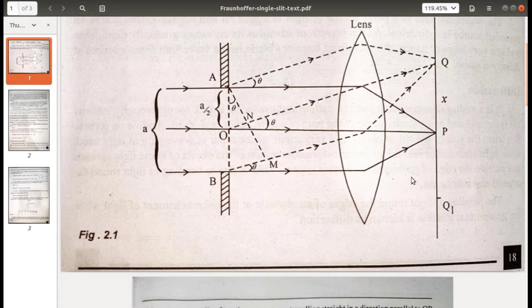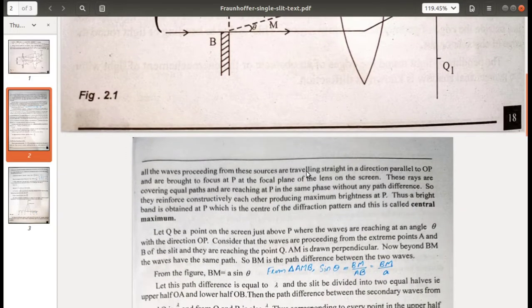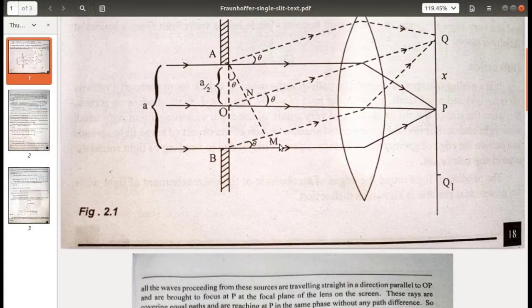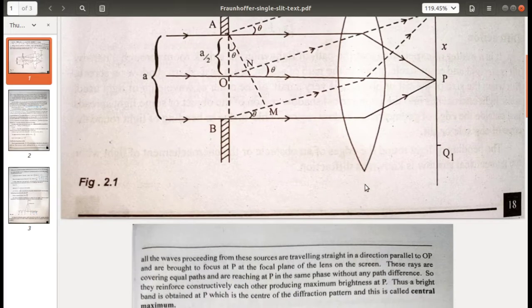So all the waves proceeding from these point sources of the plane wavefront travel straight in the direction parallel to OP, that is in the forward direction, and are brought to focus at P at the focal plane of the lens on the screen. Since we have placed a lens here, all this light traveling in this direction gets focused at the focal point of this lens, which we can see on the screen if we place a screen here.